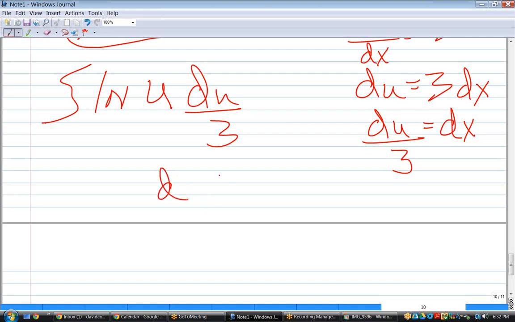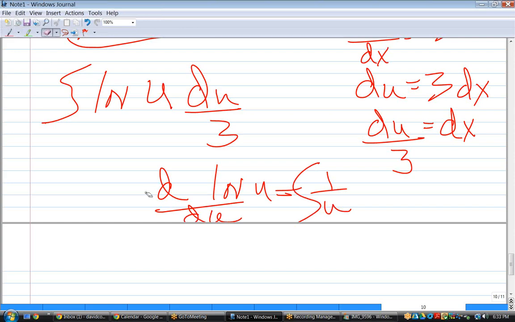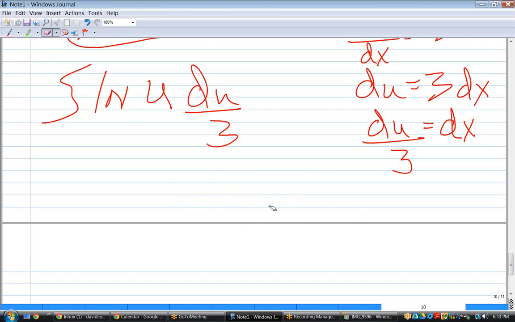If I take the derivative of the natural log of u, I get 1 over u. So the integral of 1 over u is the natural log of u. But the integral of natural log is not the same as the derivative of it.